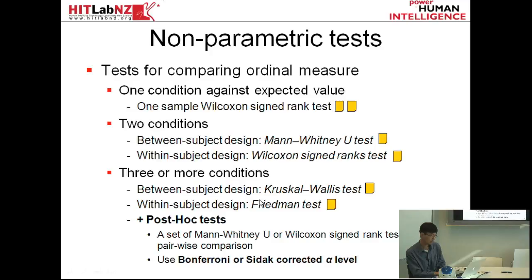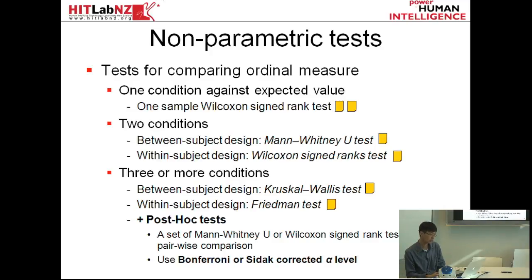In this case, compared to the parametric ANOVA case where the statistics tool did the post-hoc test automatically, not many statistics packages do post-hoc tests for non-parametric tests. So you'll have to do that manually. And in this case, it becomes more important to correct the alpha level by dividing it by the number of pairs that you are comparing, so that you don't increase the overall alpha level in the end.